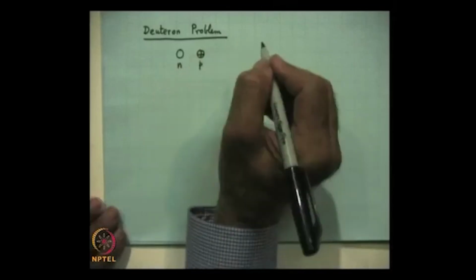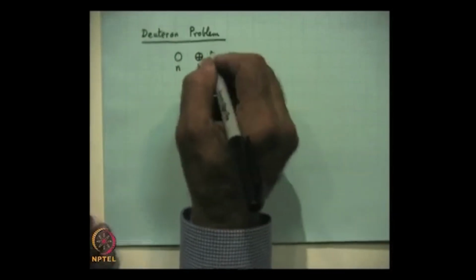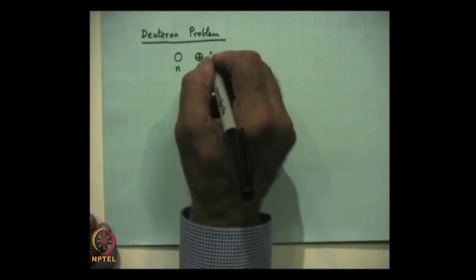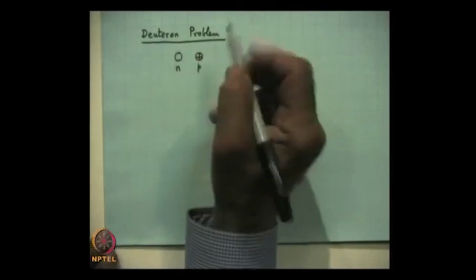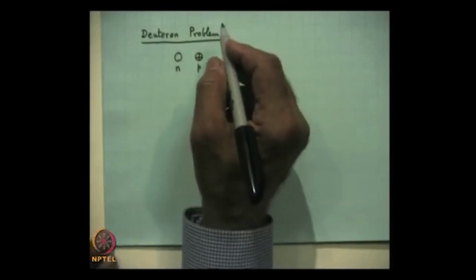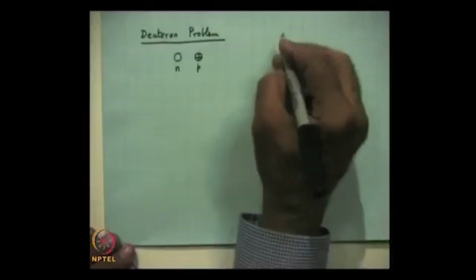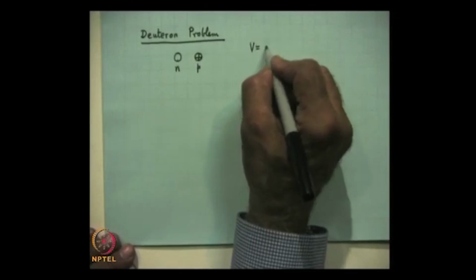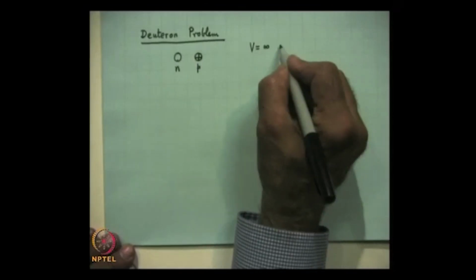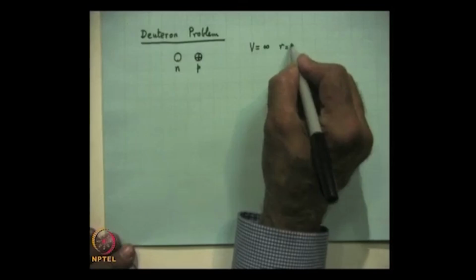Now, scattering experiments suggest that, because the neutron is an uncharged particle, they have no interaction beyond a certain distance. So, there is a model in which you have V equal to infinity at r equal to b.